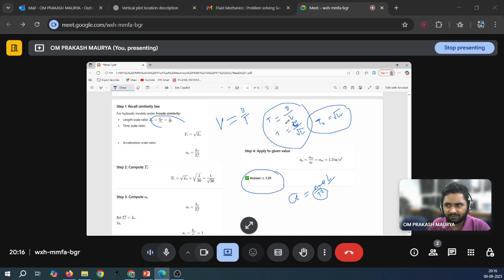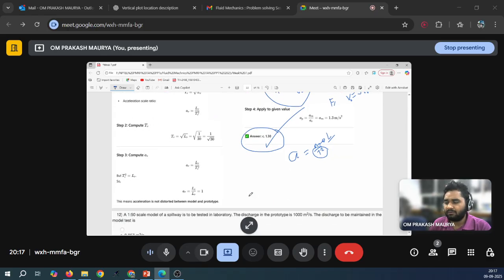You will link it with the velocity, because I know already from the Froude number similarity that the velocity is root L. The velocity ratio you can write as root LR. That's why I am linking with this. So always remember.